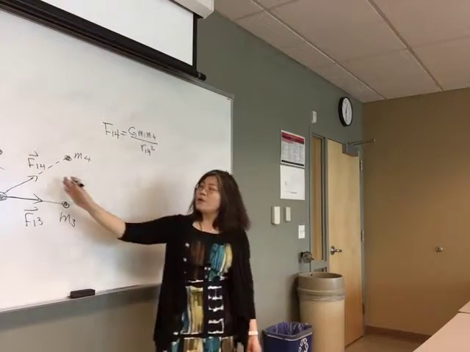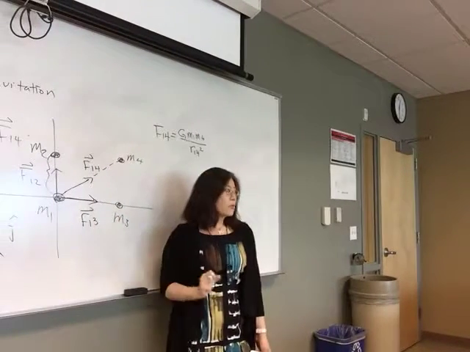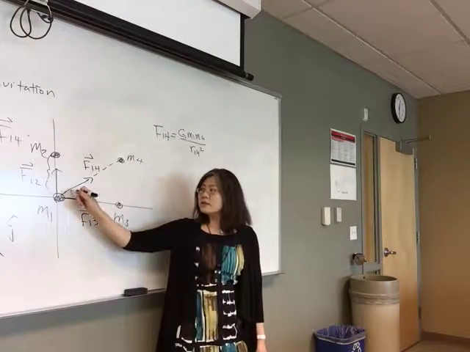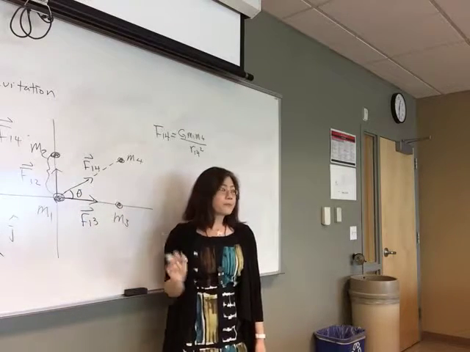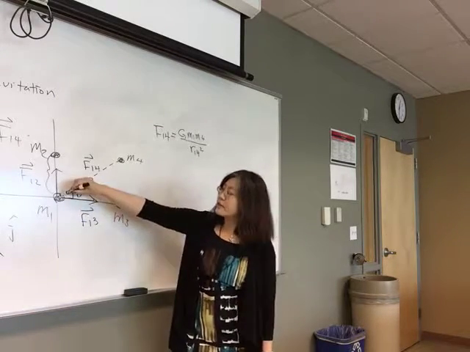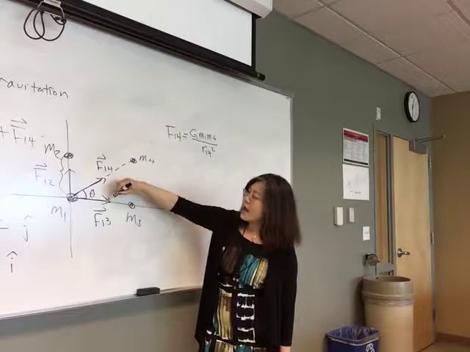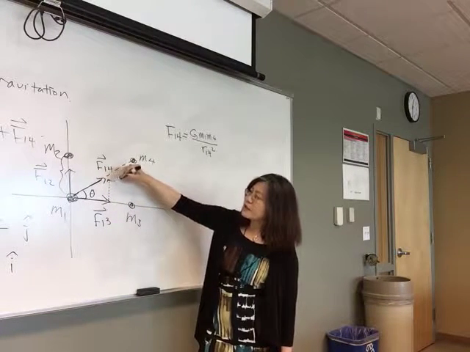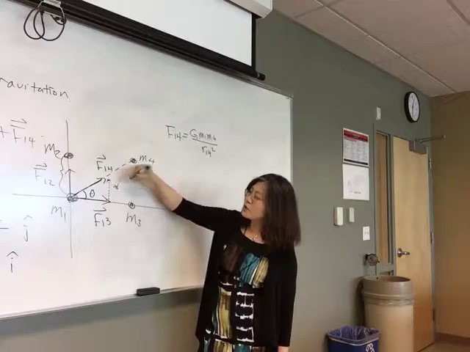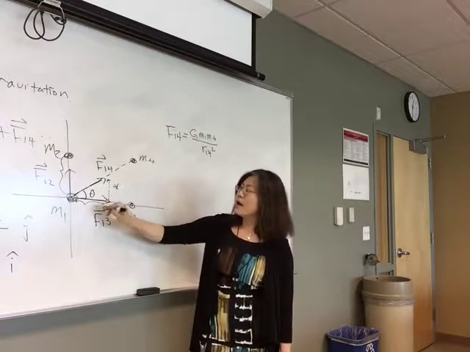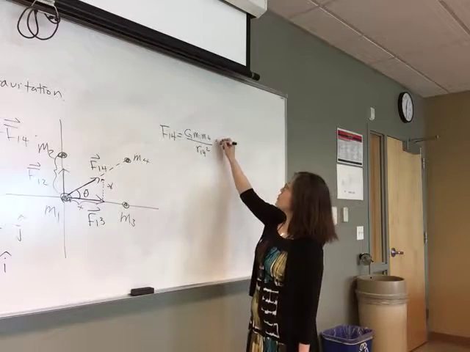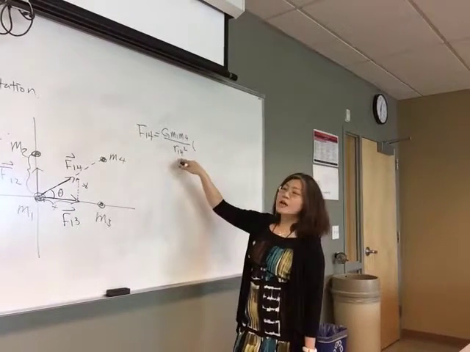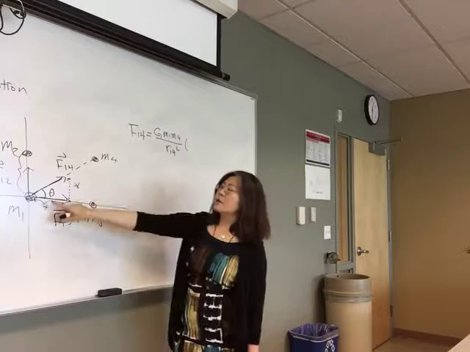How do I resolve this into the x and y component? To resolve it, you have to have an angle. So let's say this angle, we call that theta. This is your vector, and this is your y component, and this is your x component. So in that case, for F14, the magnitude times cosine theta.